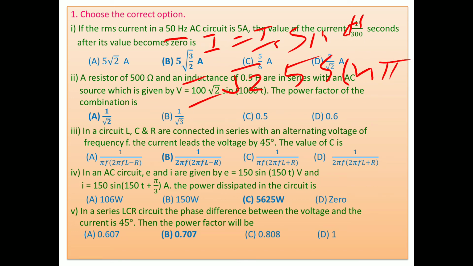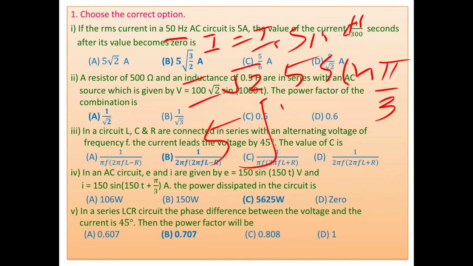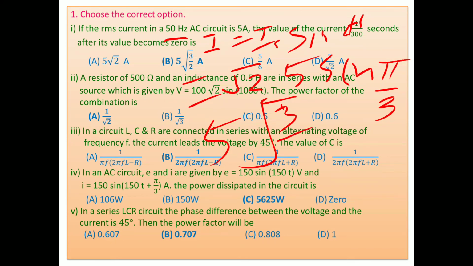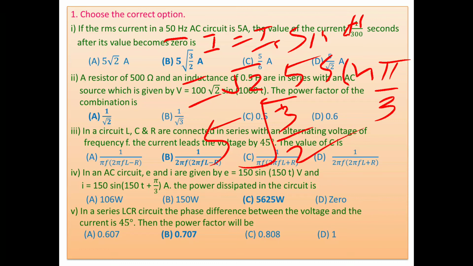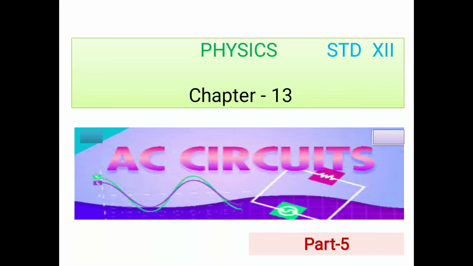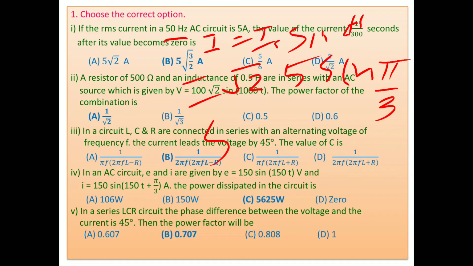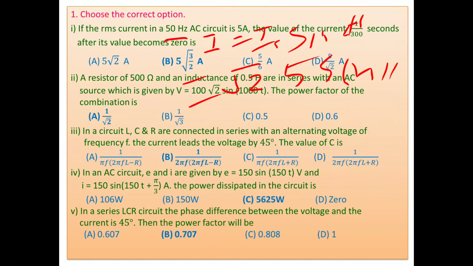Here we get 5 root 2 sine pi by 3. We know that sine pi by 3 is root 3 by 2. So we get 5 root 2 into root 3 by 2, and this is your final answer. With the help of this expression, we get it.